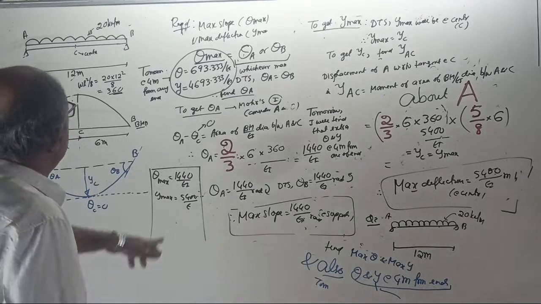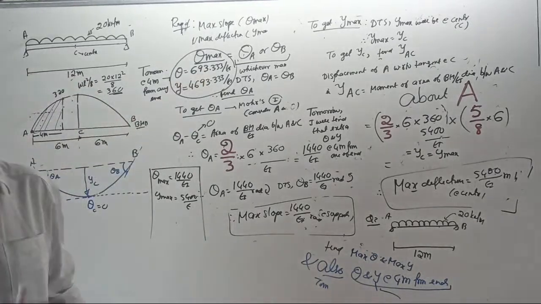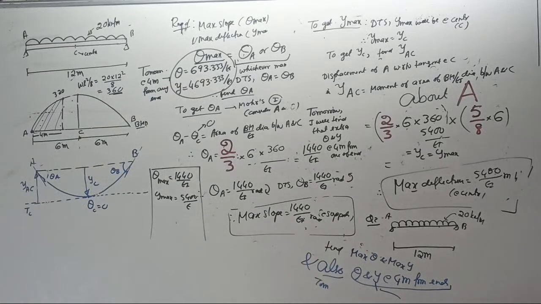853. But what is the slope I have given? What is the slope I told today? I will check once again now. What is the slope answer I told? Remember, I told 693.